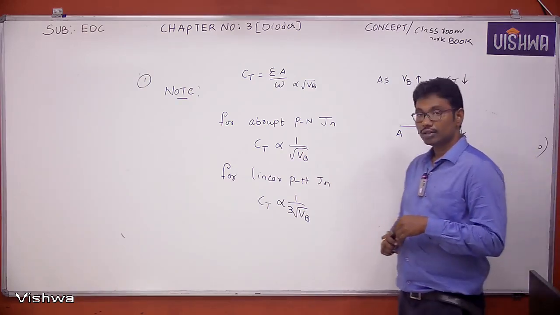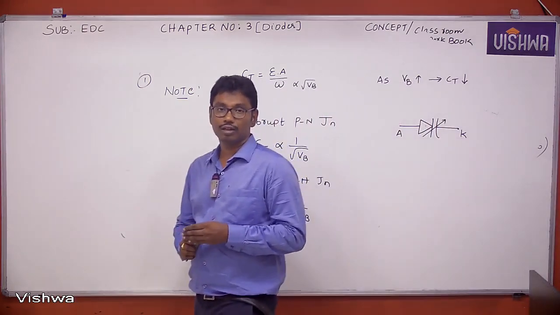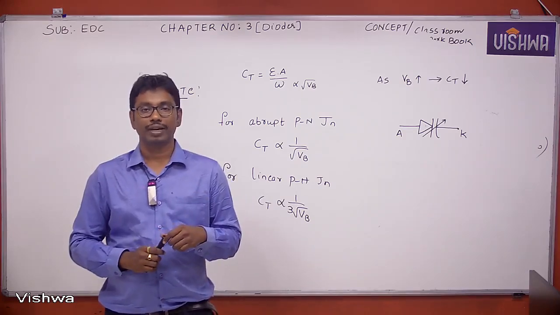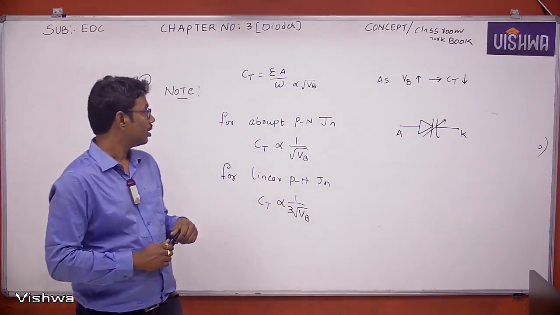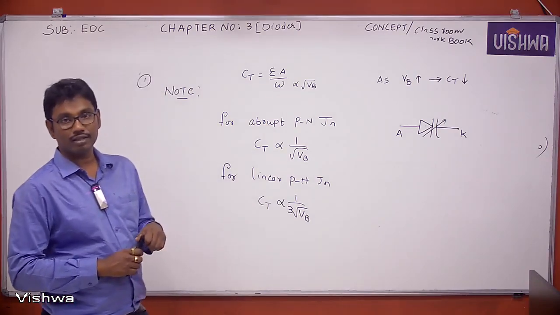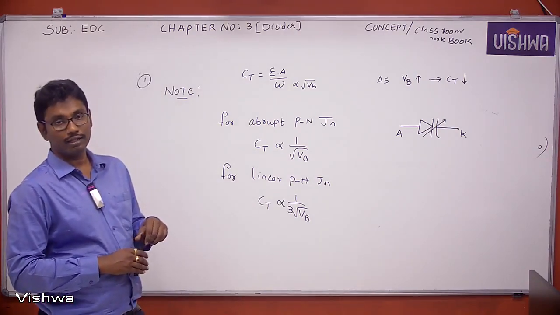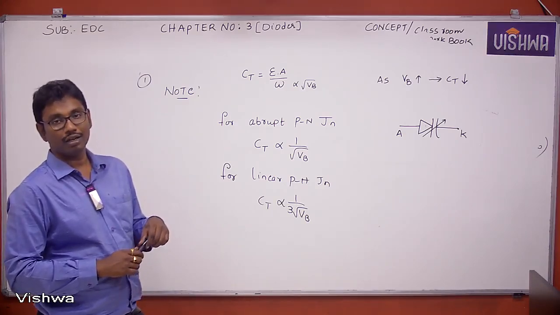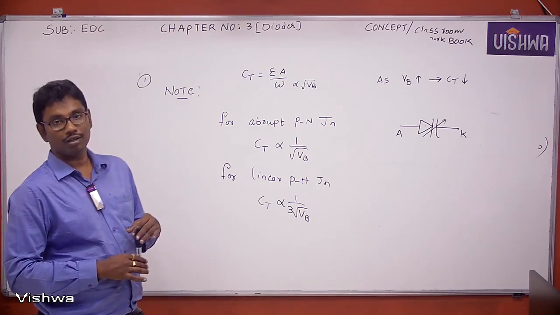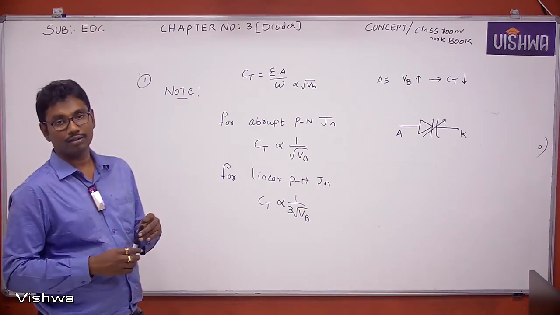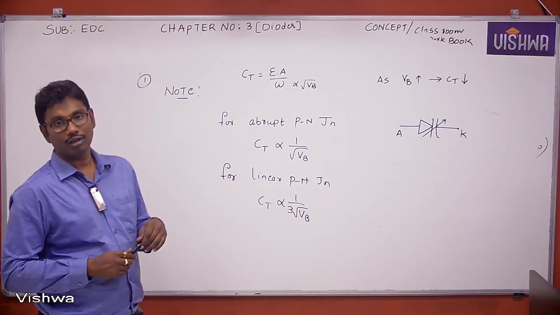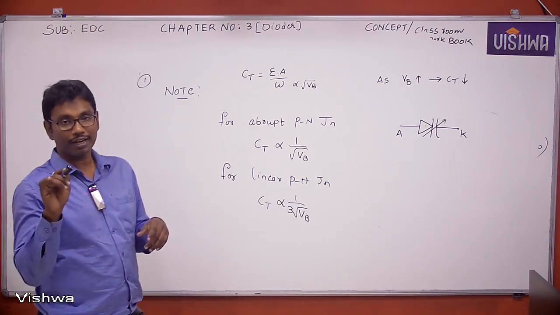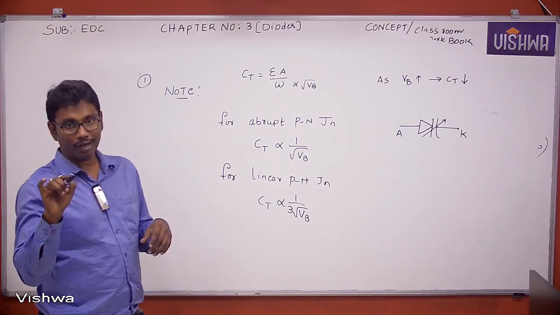Write down: for any PN junction, as applied voltage increases, the capacitance decreases. Hence, PN junction acts as a voltage dependent capacitor or varactor diode or varicap diode. Underline varactor diode, varicap diode.